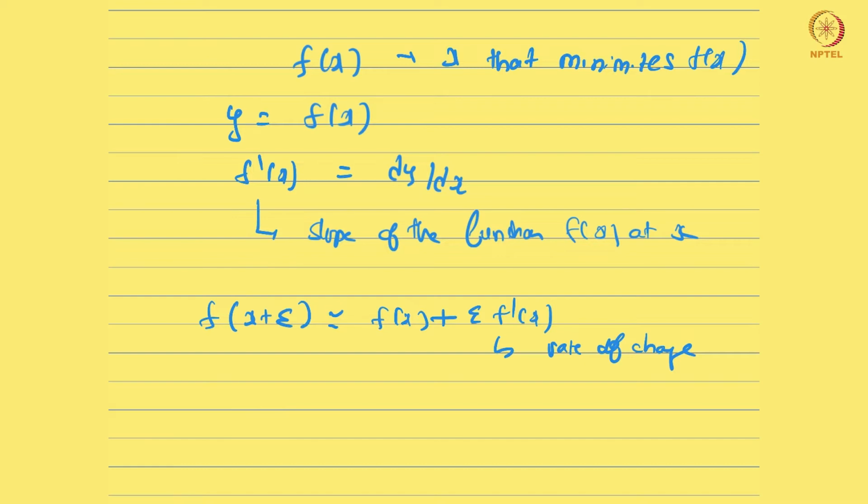So for small changes epsilon in x, this is how you calculate f of x plus epsilon. This is useful for minimizing the function, because the derivative tells you how to change x in order to change f of x.